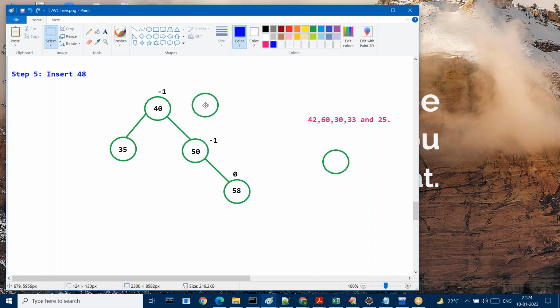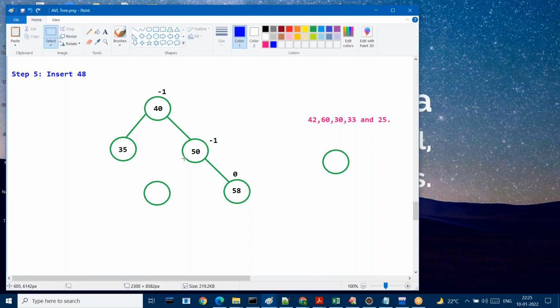With root, greater. Okay. With this, lesser. Where will I insert? To the left of 50. Insert. So first let me remove all my previous calculation of balance factor. I have to recalculate.